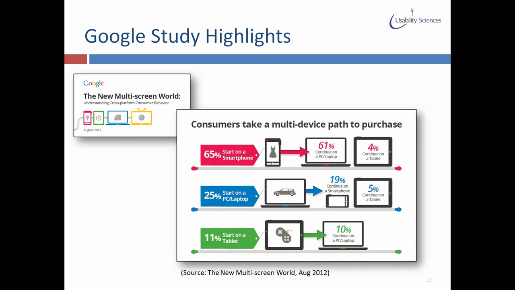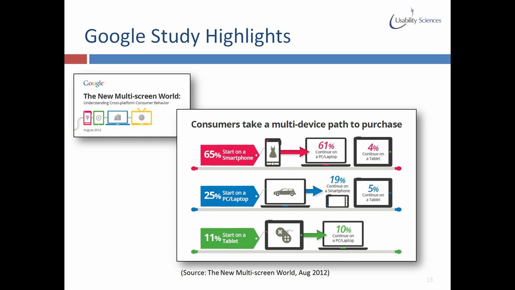And lastly, what we found very interesting at Usability Sciences is that consumers are now taking a multi-device path to purchase. So what this means is essentially users may begin their interaction with the website on one device, but they won't complete the actual purchase or their interaction until they've moved to another device.